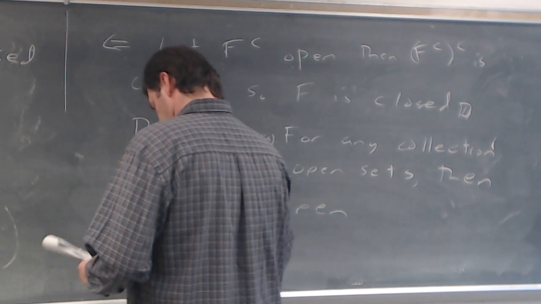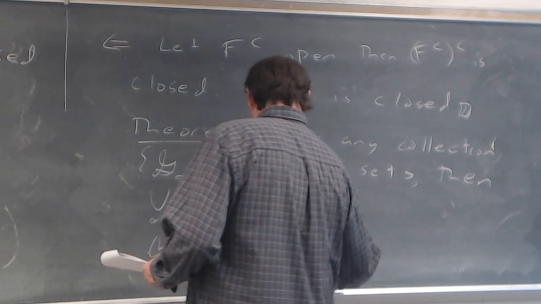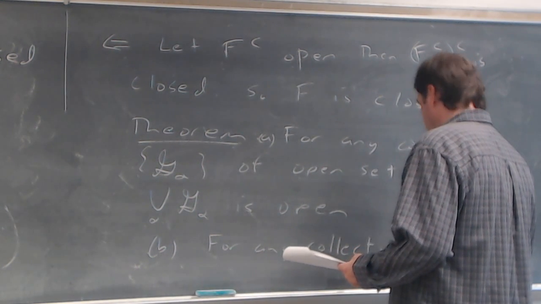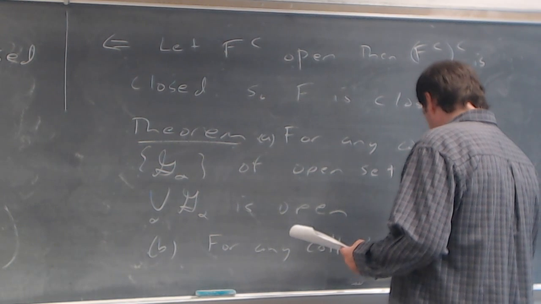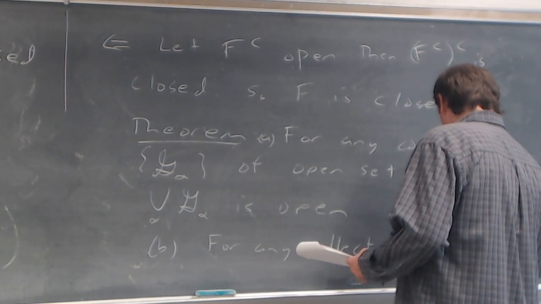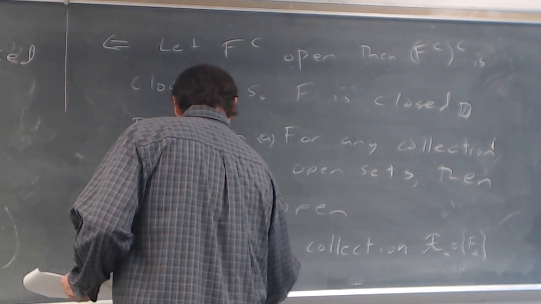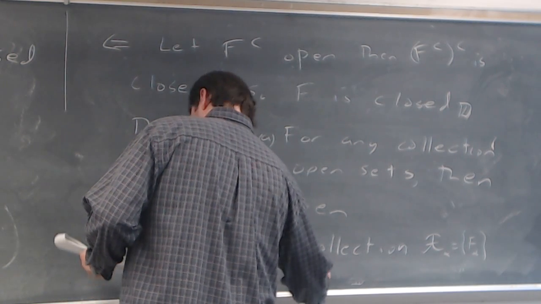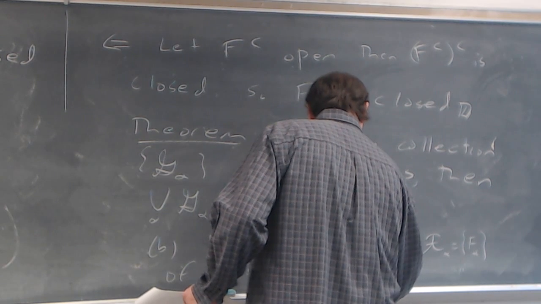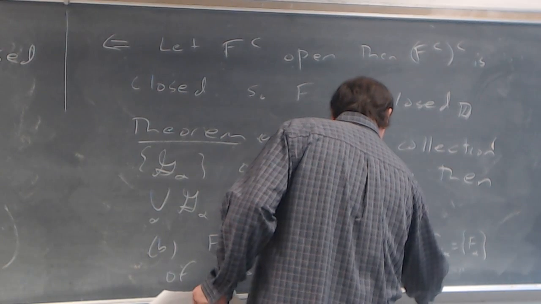B, for any collection, script F sub alpha, equal to this collection of F sub alphas of closed sets, then the intersection of the F sub alphas over all possible alphas is closed.